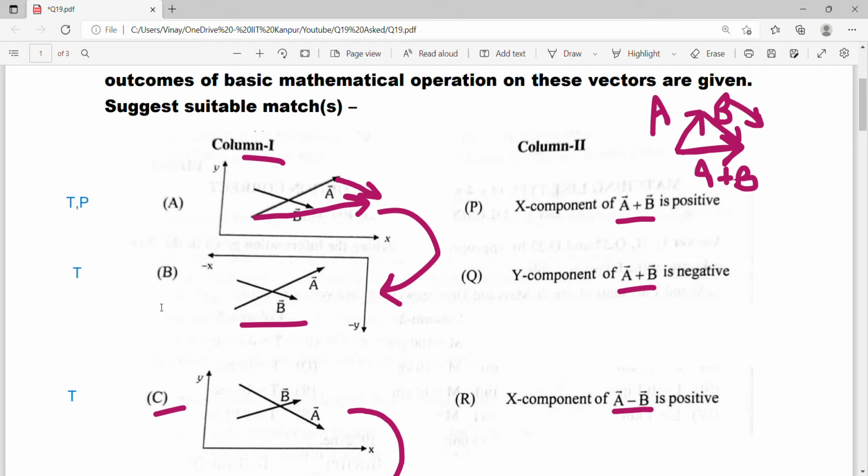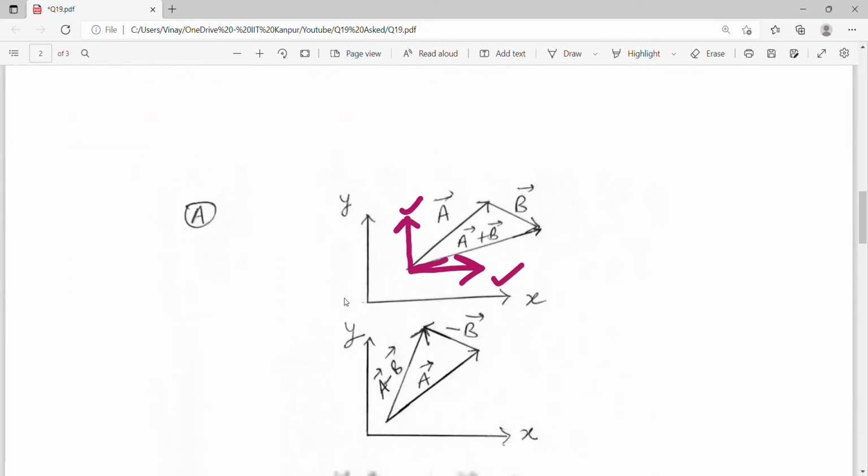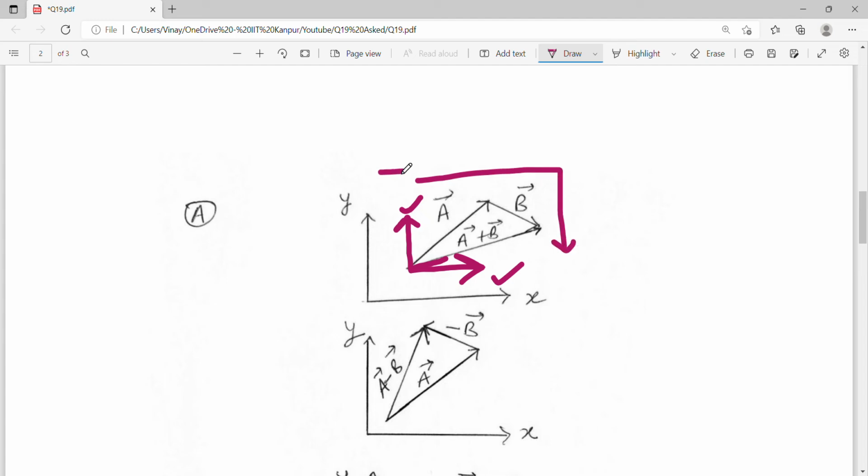Now simultaneously, let's check for B option as well. So in case of B, let's find what is the direction of A plus B vector. Now here if you'll notice, only change is this. This is in this plane. So this is minus X, right? And this is minus Y, right?